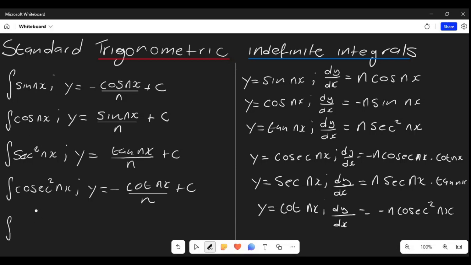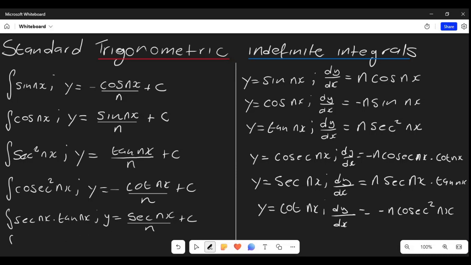What about when you have sec nx multiplied by tan nx? Our integral here is going to be y equals sec nx over n plus c.